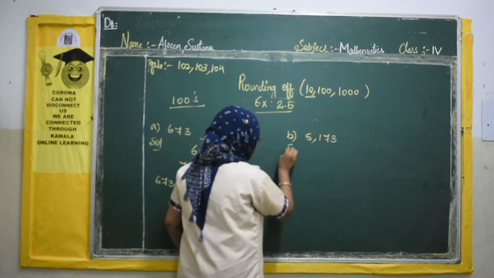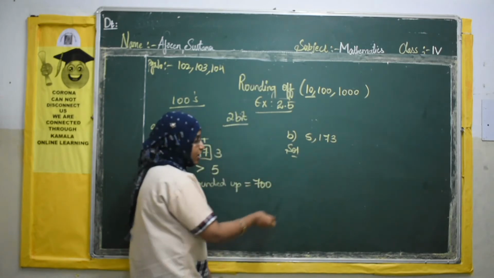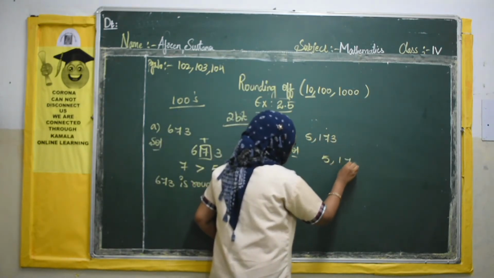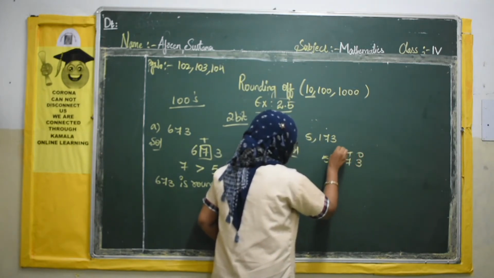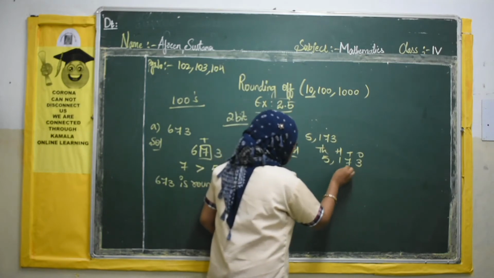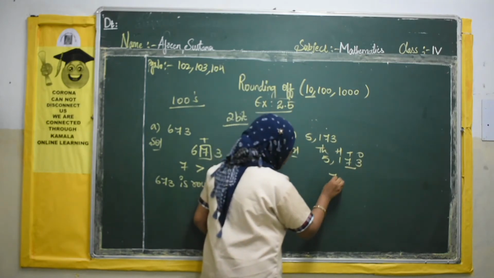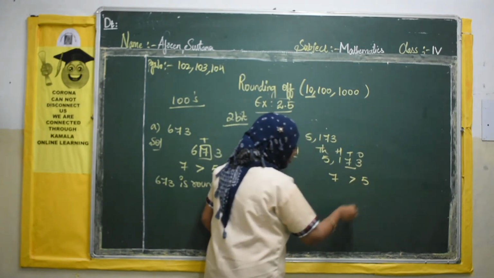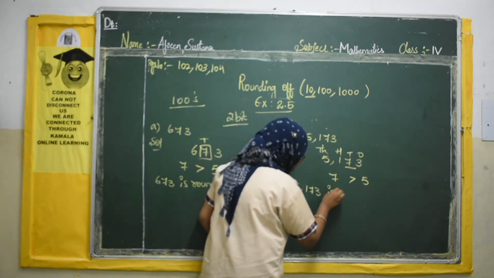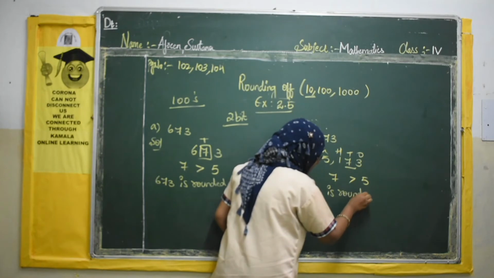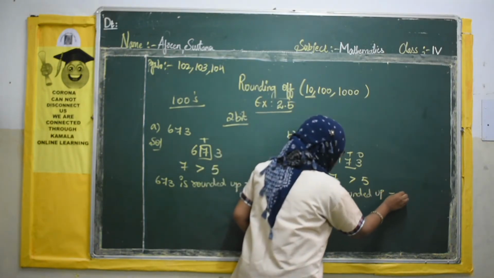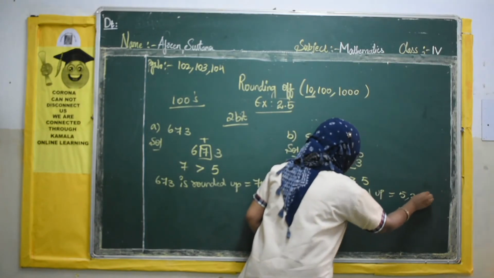5173. Here also the digit at tens place is 7. Now 7 is greater than 5. So 5173 is rounded up to 5200.